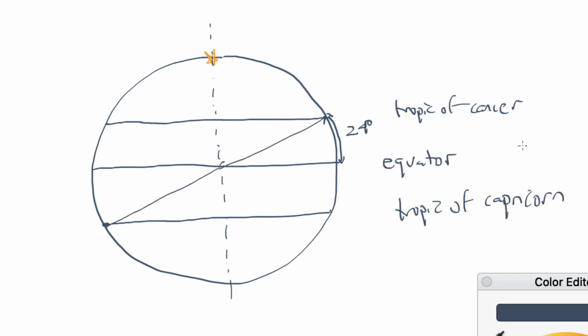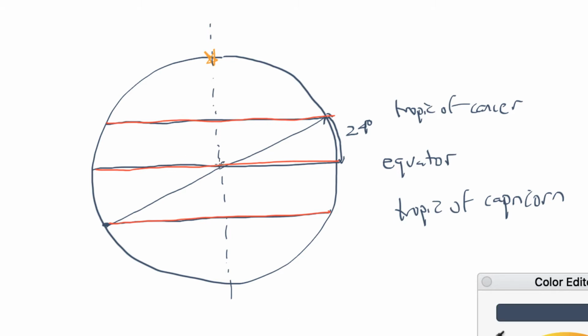Okay, so those 3 horizontal lines, the equator, the Tropic of Cancer, and the Tropic of Capricorn, are 3 lines that he talks about in this section. Let me make those in orange to emphasize them: Tropic of Cancer, the equator, and the Tropic of Capricorn.